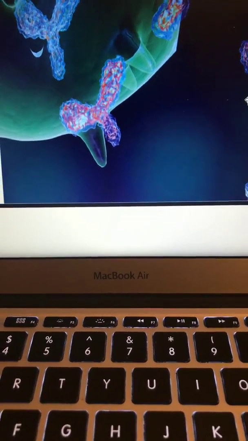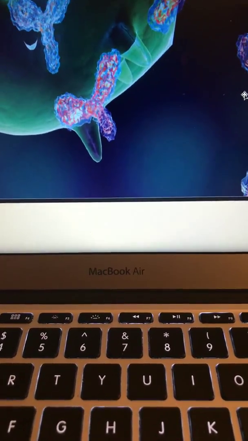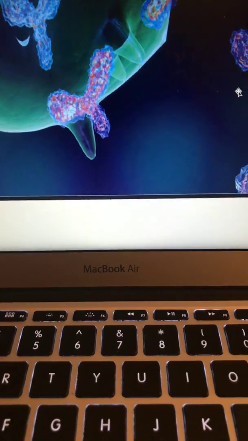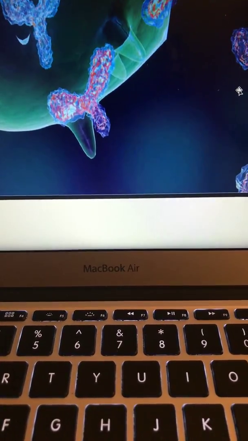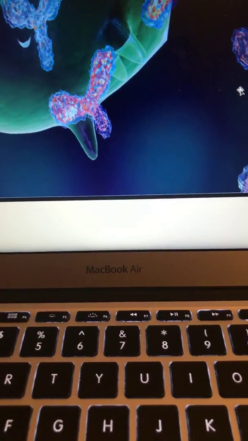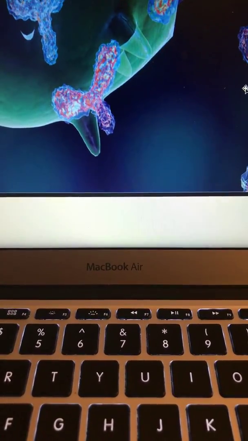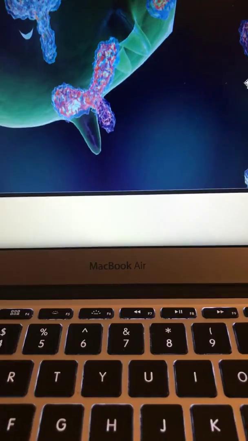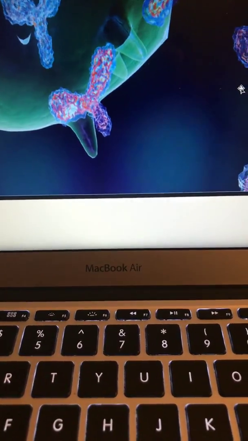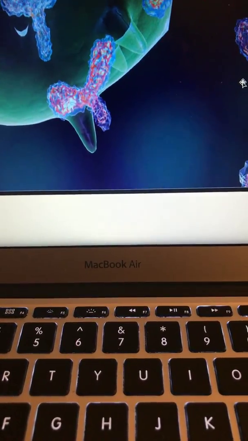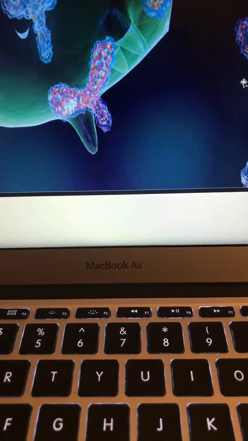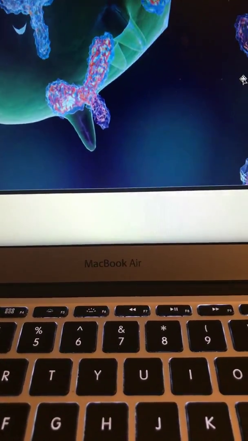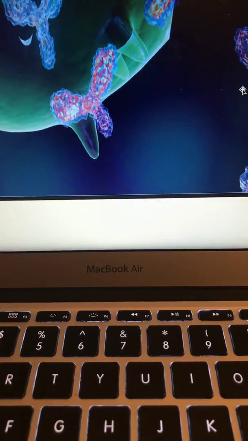What that means is they bind to and inactivate any foreign substances such as pathogens or toxins, and this is the process of neutralization. So they bind to these things, and this comes into play in the next function of the antibodies.